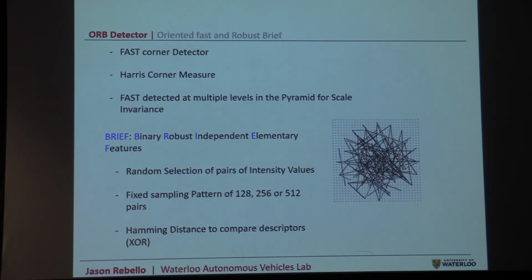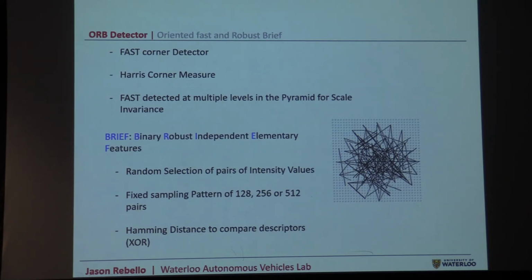If I have pixel P1 at one end and pixel P2 at the other end, if the intensity of P1 is lighter than P2, it would assign a 0. If the intensity of P1 is greater than the intensity of P2, then it would assign a 1. By assigning these ones and zeros, you now get a binary descriptor, a descriptor which is just basically ones and zeros.